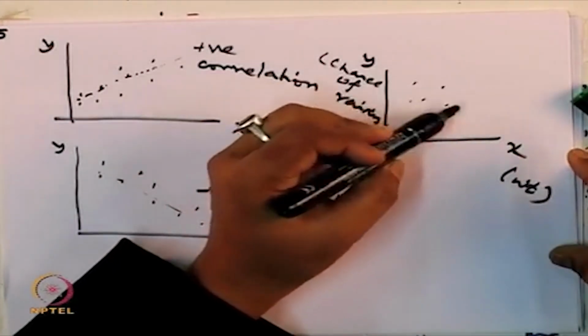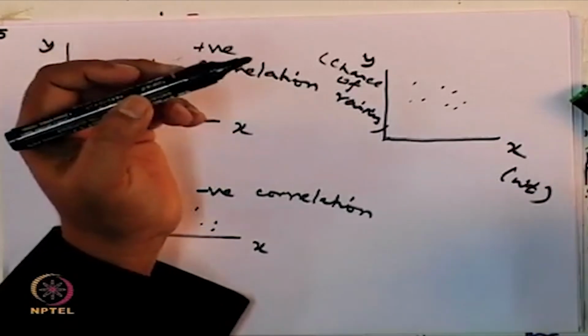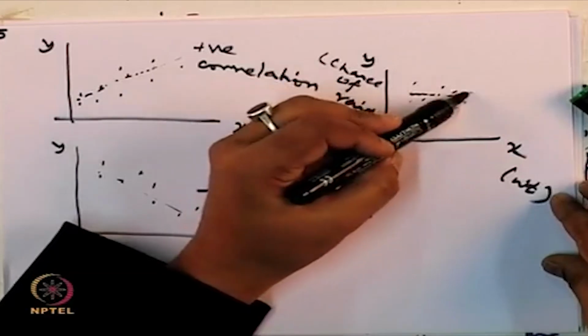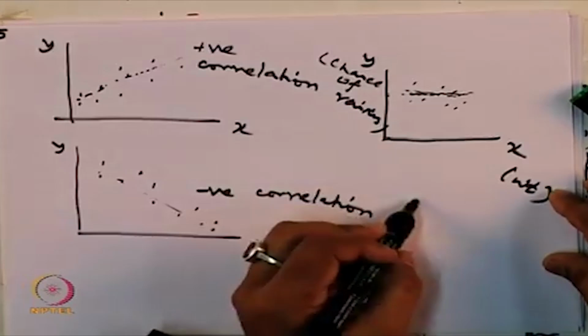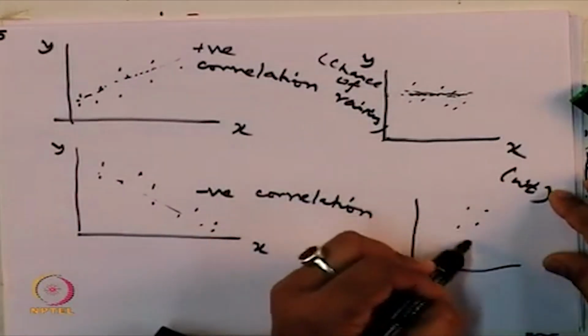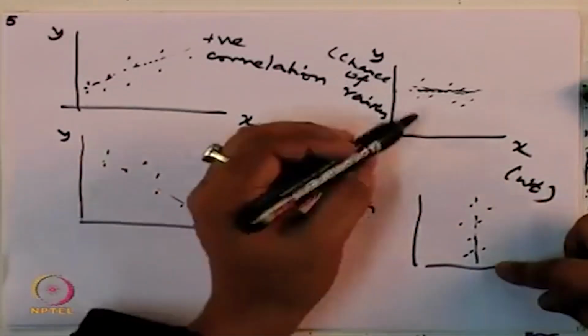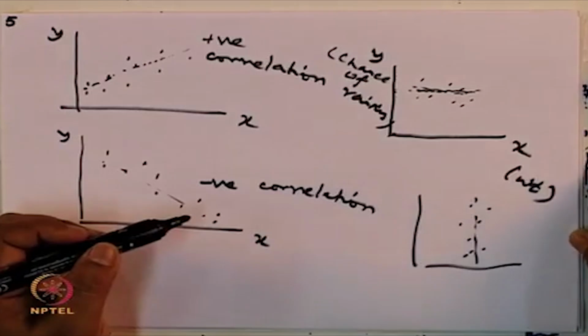We can clearly see that there is expected to be no correlation between these two curves. So in that case, if I draw a line, the line will almost look horizontal, or in some other case it might look completely vertical. So these are cases where there is no correlation between x and y.